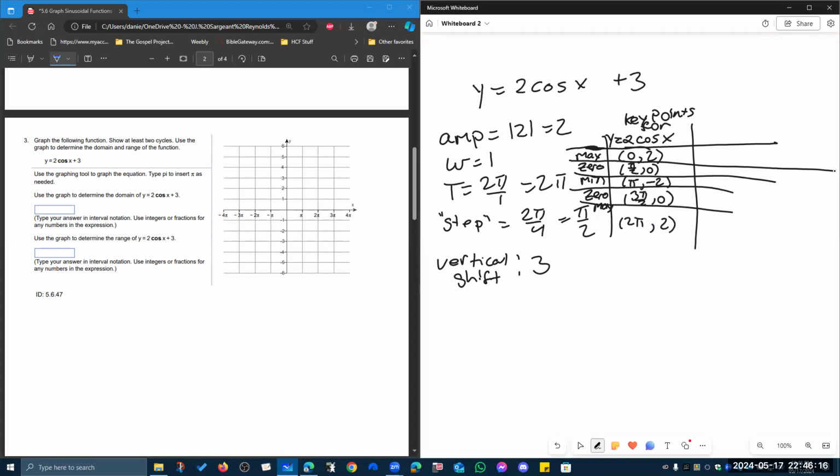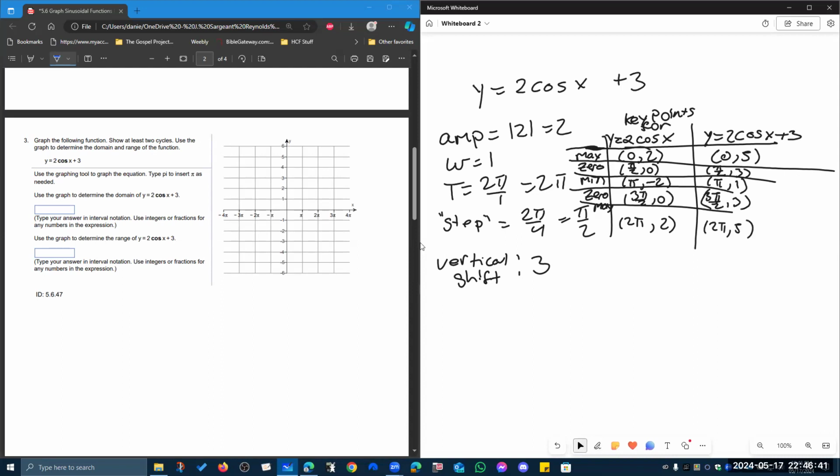And I need to add 3 to all of these for y equals 2 cosine of x plus 3. So that's going to be 0, 5, pi over 2, 3, pi, 1, 3 pi over 2, 3, and 2 pi, 5.